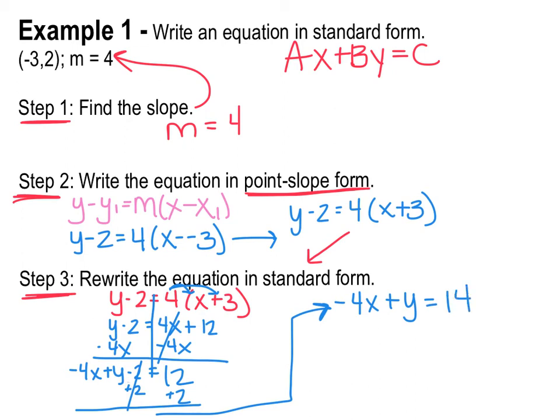Now if I compare these, my a is negative 4, my b is a positive 1, and my c is 14. If you need to, pause this and copy down this problem. If you have any questions, ask somebody next to you or ask them when you get to class the next day. We'll move on to example 2.